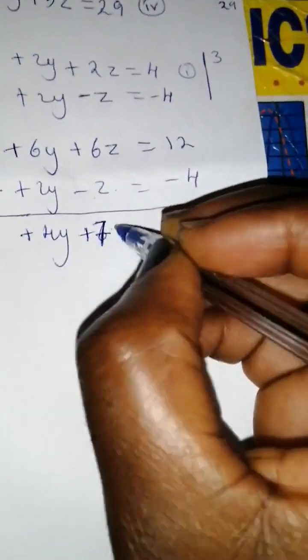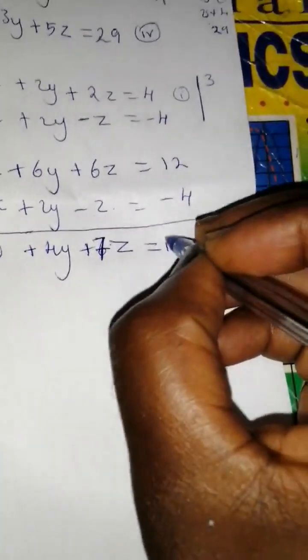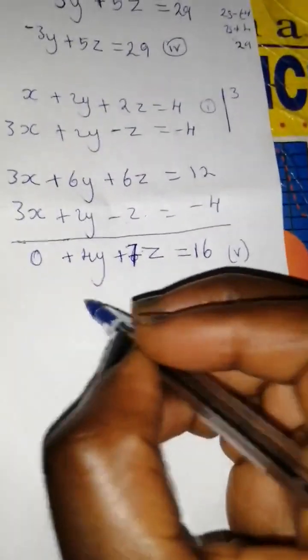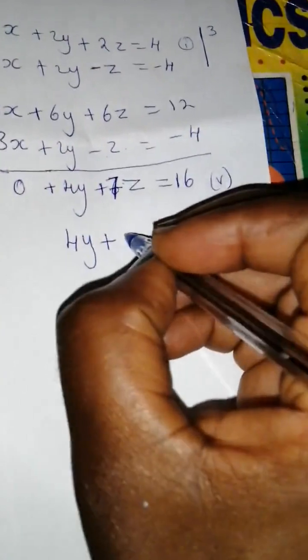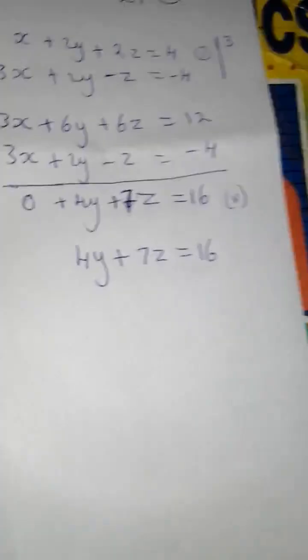plus 1 is 7z equals 12 minus 4 will be minus times minus, giving us positive. So 12 plus 4 is 16. So equation 5 is 4y plus 7z equals 16.